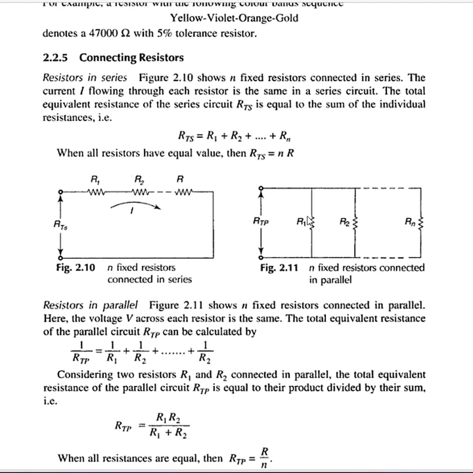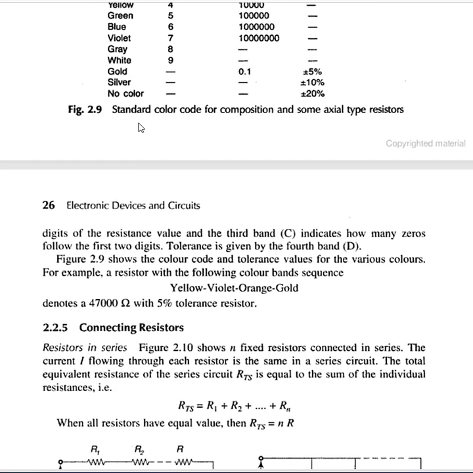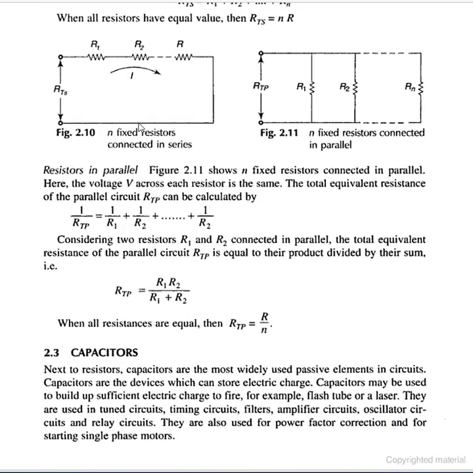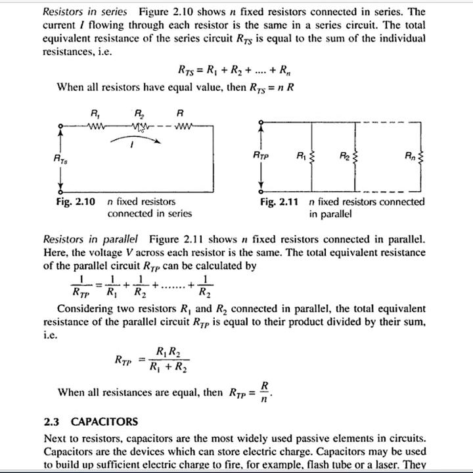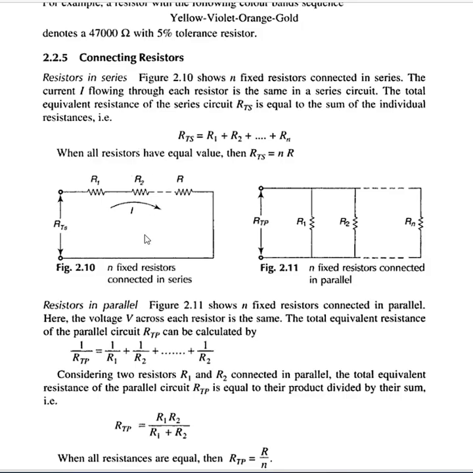Connecting resistors: resistors in series and resistors in parallel. Resistors in series. Figure 10 shows n fixed resistors connected in series. The current I flowing through each resistor is the same in a series circuit.